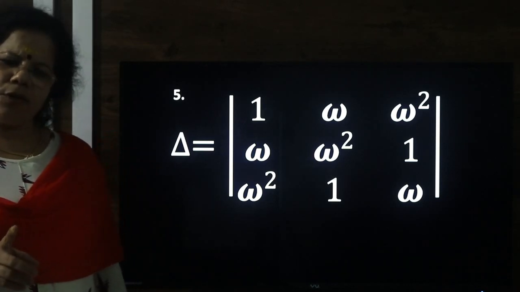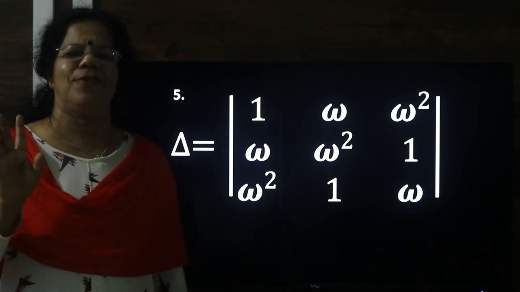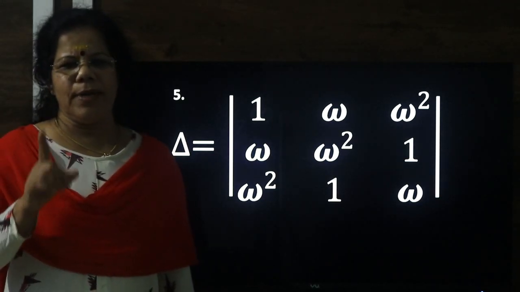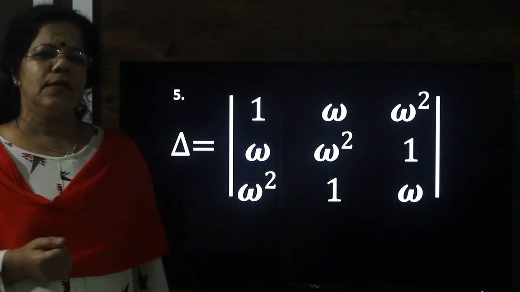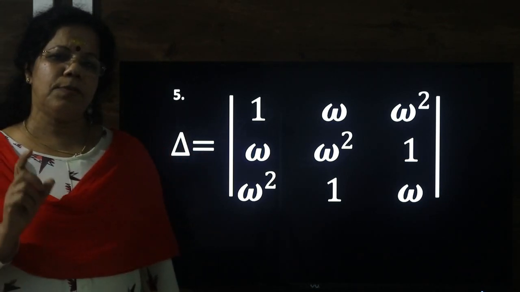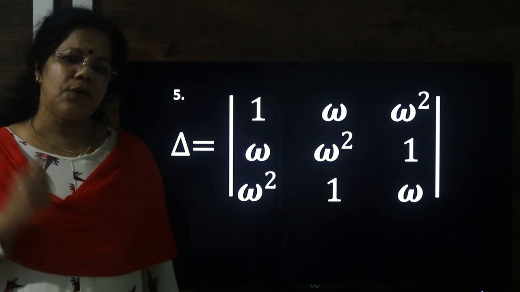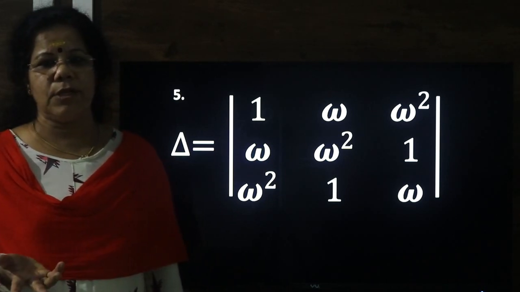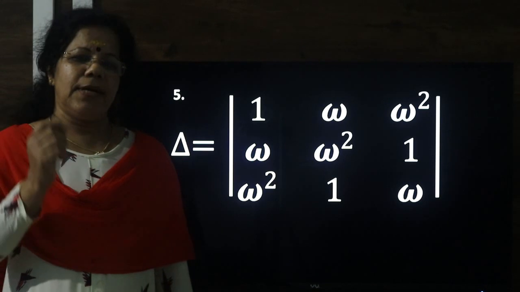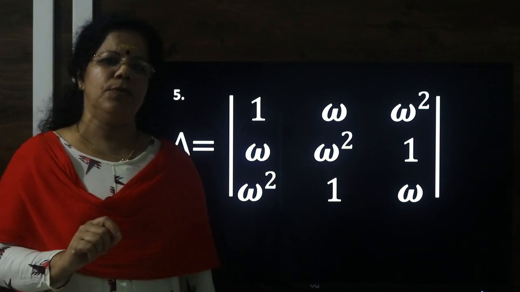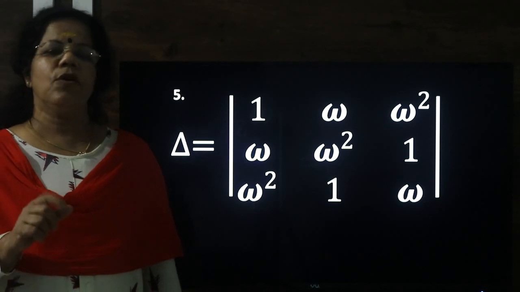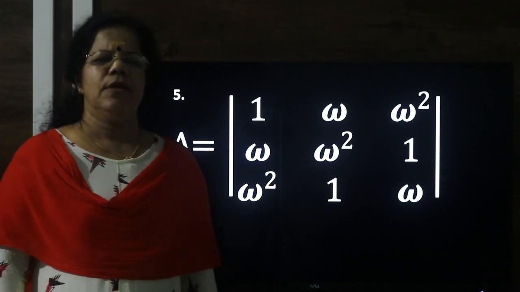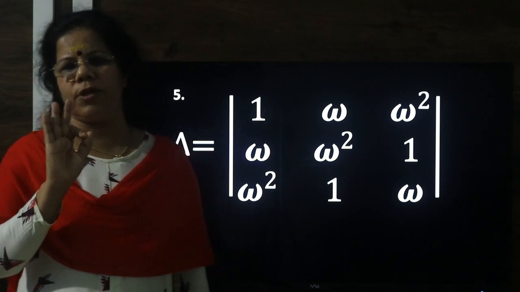Omega is one of the cube roots of unity other than 1, and you recall it is minus 1 by 2 plus i root 3 by 2. Then omega square will be minus 1 by 2 minus i root 3 by 2. If omega is minus 1 by 2 minus i root 3 by 2, then omega square is minus 1 by 2 plus i root 3 by 2, right? And omega cube will be 1. So these three are the cube roots of unity.